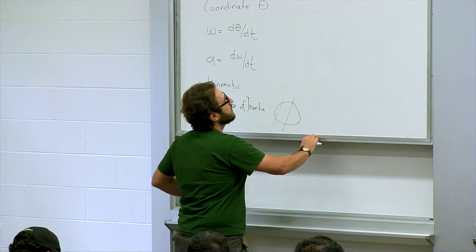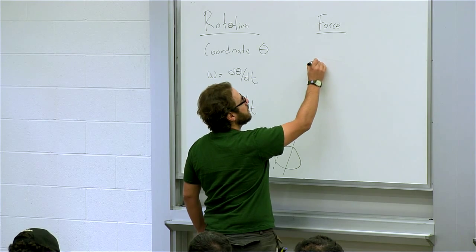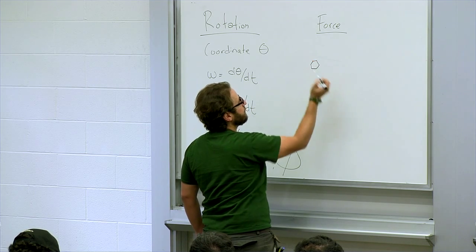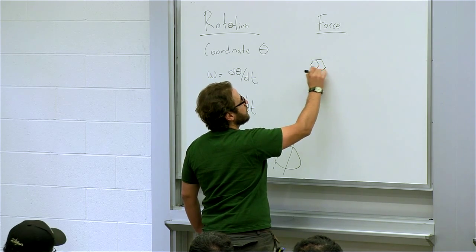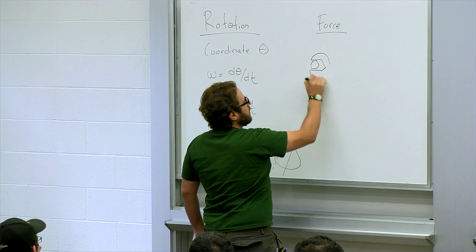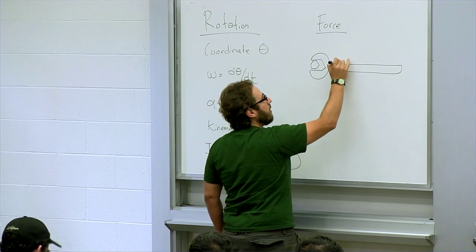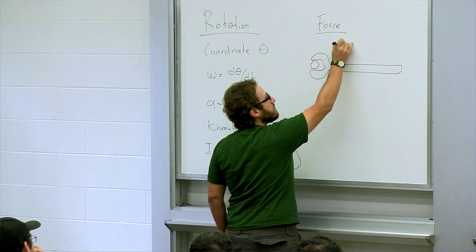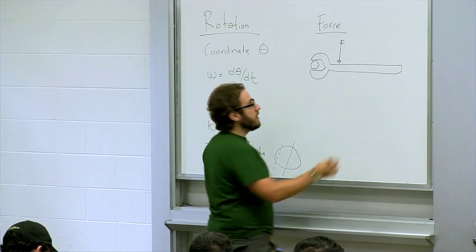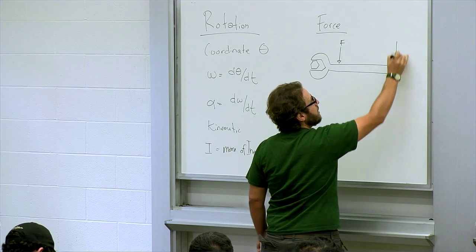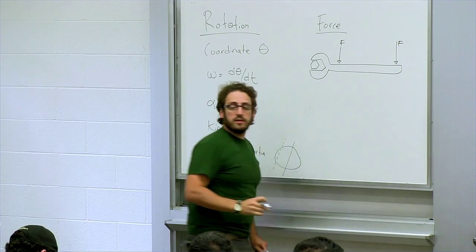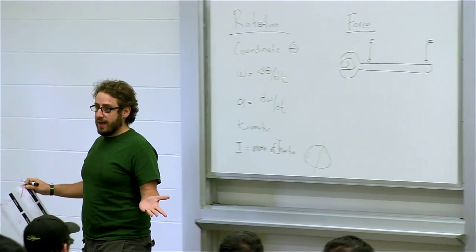Imagine you have some nut you're trying to turn, and you have your wrench. If you apply a certain force here, it's not going to turn the nut as much as if you apply the same force at a different radius. That's why we have these wrenches.